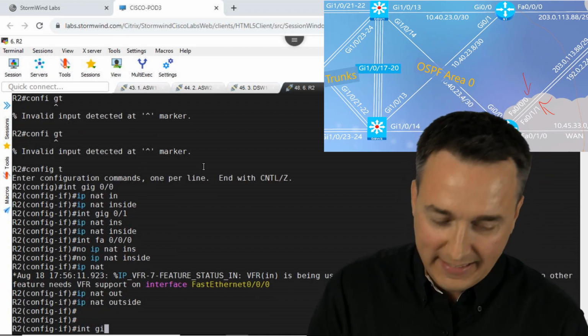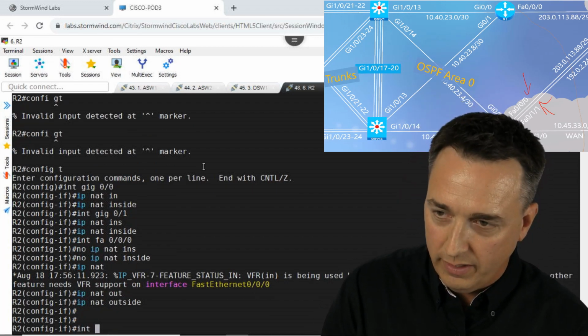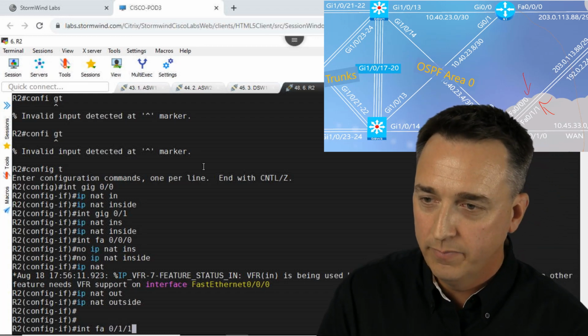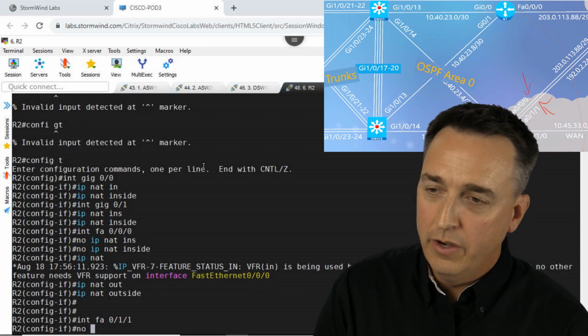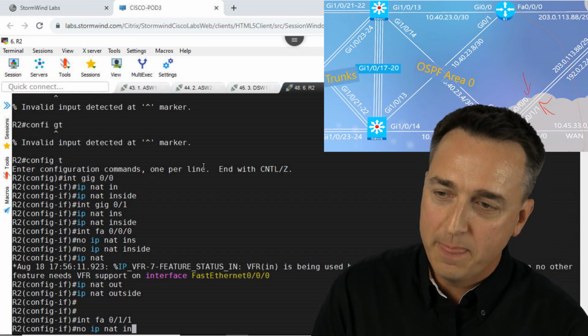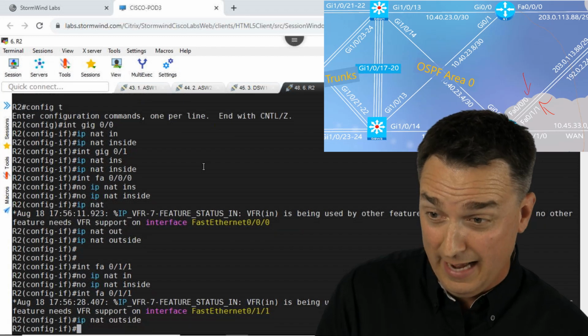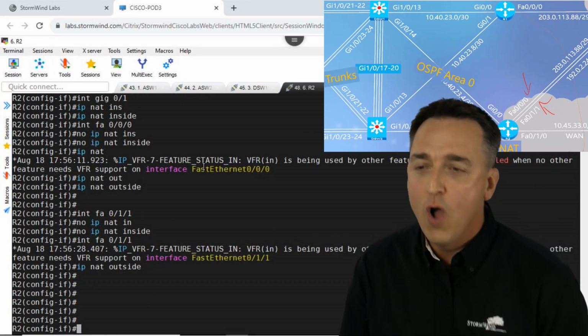And then interface gigabit Ethernet. Nope. Interface fast Ethernet 0/1/1, no ip nat inside. And then type in ip nat outside. All right.